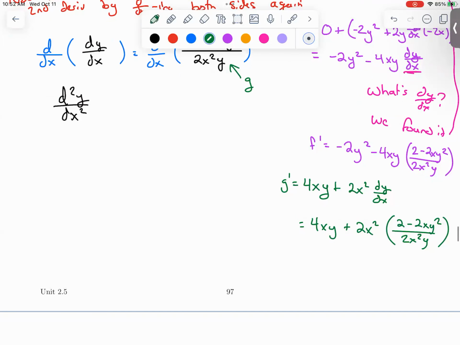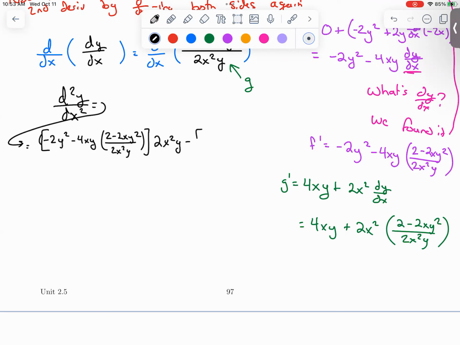So at the end of the day, f prime, so negative 2y squared minus 4xy times (2 minus 2xy squared over 2x squared y), that's f prime times g, 2x squared y, minus g prime, 4xy plus 2x squared times (2 minus 2xy squared over 2x squared y) times g.